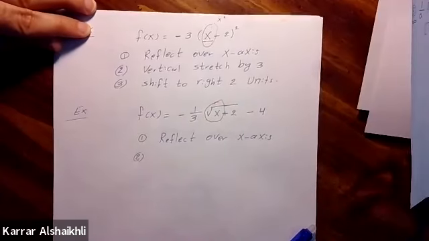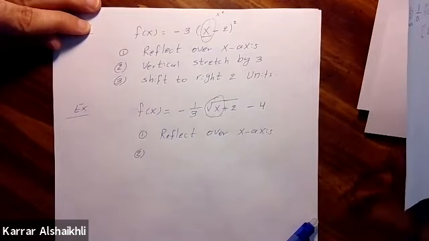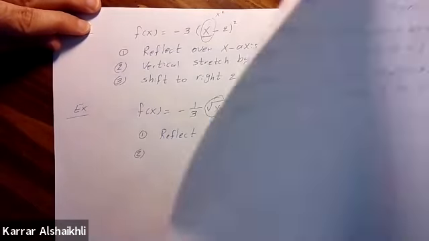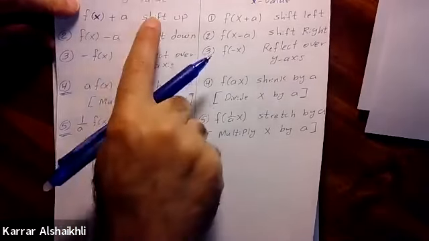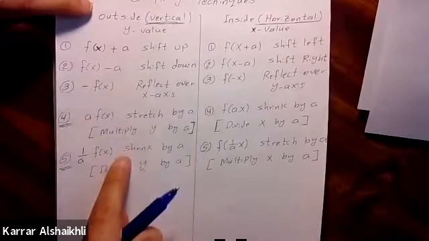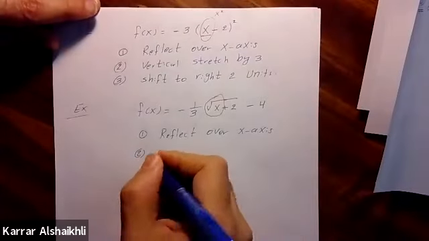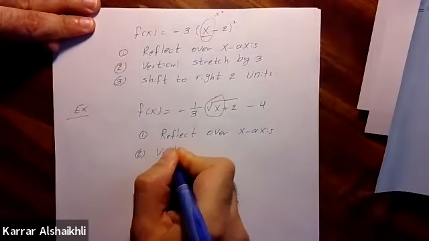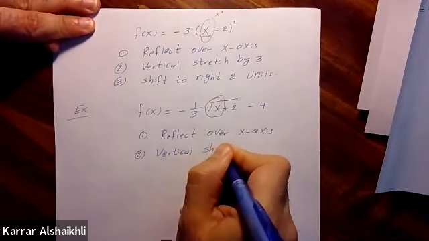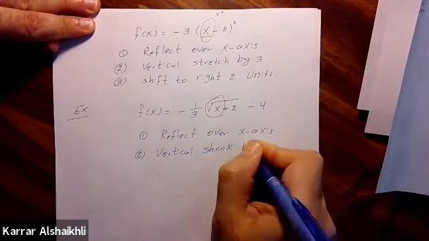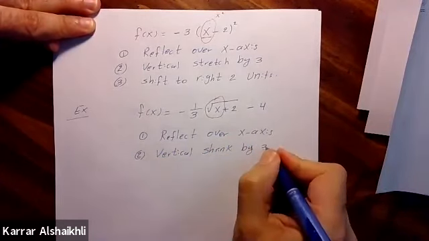So 1/3 is outside the parent function, so it's going to be vertical shrink by a, the number a. So here is going to be vertical shrink by a, which is 3.